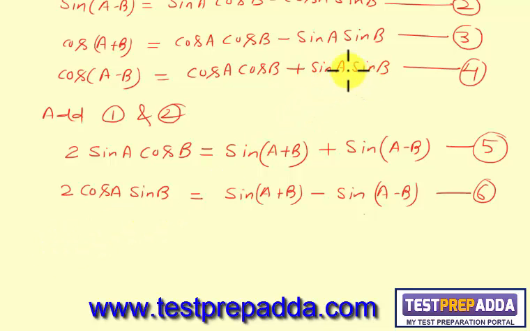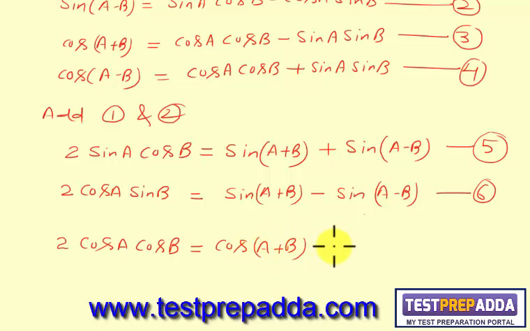Sin A sin B will get cancelled, and this way I get 2 cos A cos B is equal to cos A plus B plus cos A minus B. Consider this as 7.